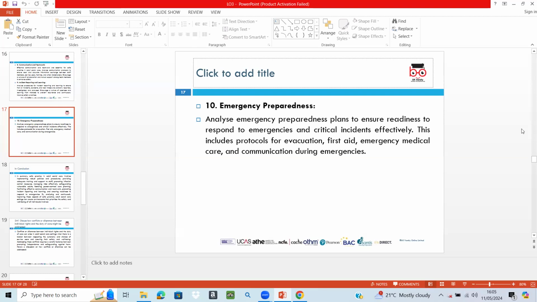And evaluating the accessibility of first aid kits, emergency medical supplies, and communication devices, ensuring that immediate care and assistance can be provided to individuals in need during such emergencies. And we also have regular drills and training sessions that can further enhance staff preparedness and ensure a coordinated and effective response to emergencies.